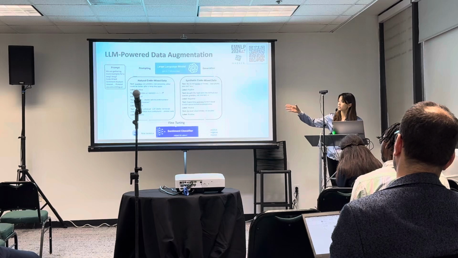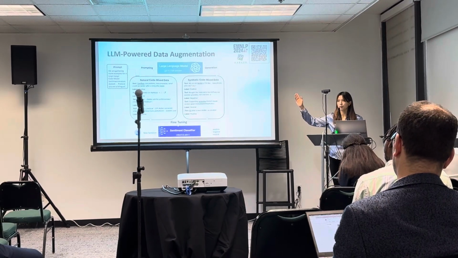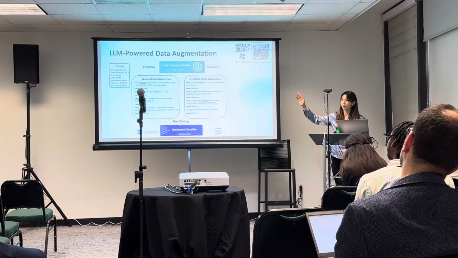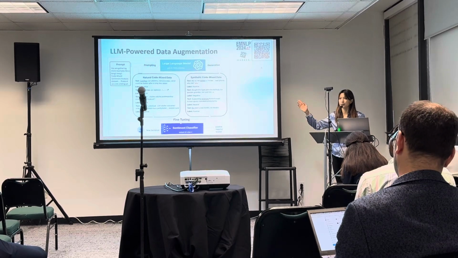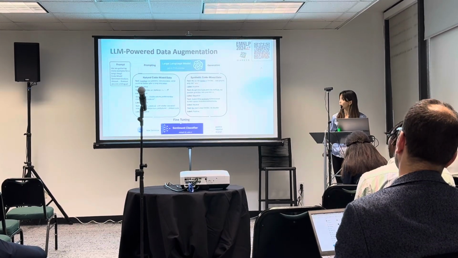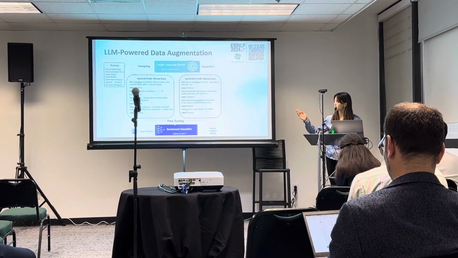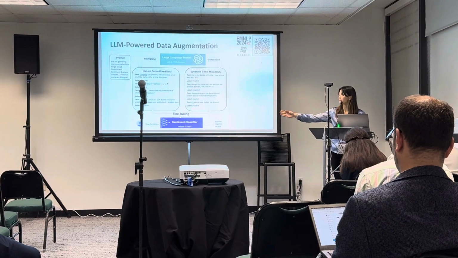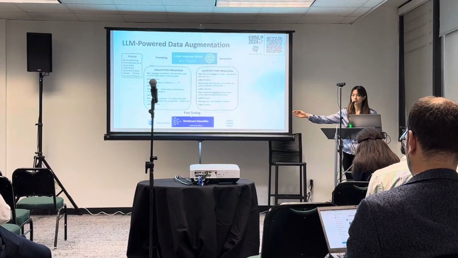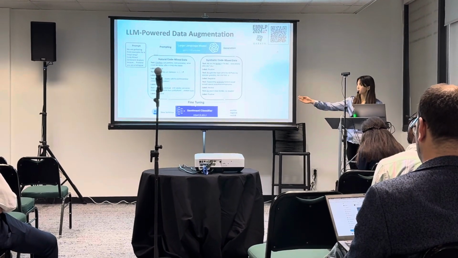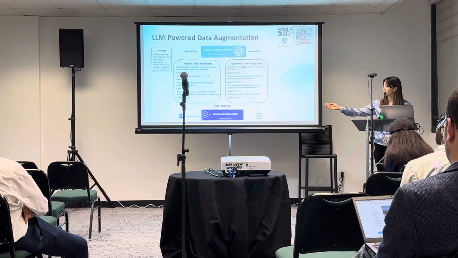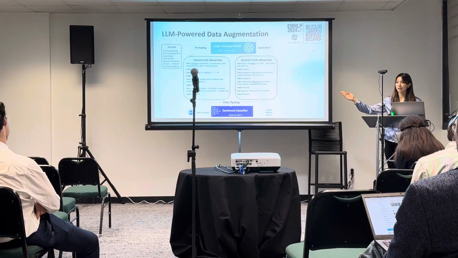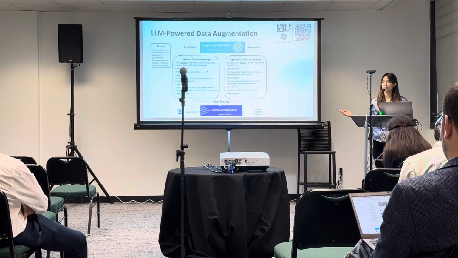And we feed this along with a prompt into GPT-4 and ask GPT-4 to generate more similar examples like this. Once we generate these similar examples, both the synthetic and natural samples are used to train a sentiment classification model, which is just transformer-based. And through this, we want to see if the synthetic data helps improve performance compared to just natural data.